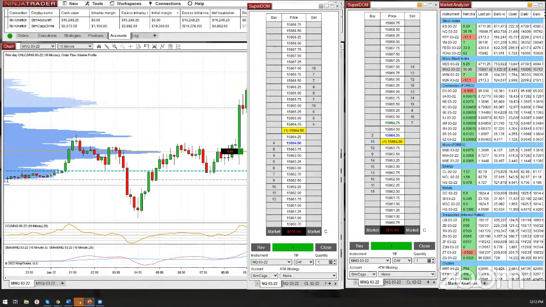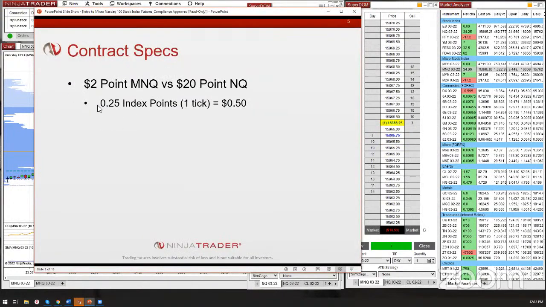So just to kind of complete the picture with the PowerPoint, quarter point, 1 tick, smallest price increment, 50 cents. Traded 23 hours a day. We're literally going to start trading 6 o'clock in the evening, Sunday, going all night, all morning, all day until 5 o'clock in the afternoon. And these are East Coast times.